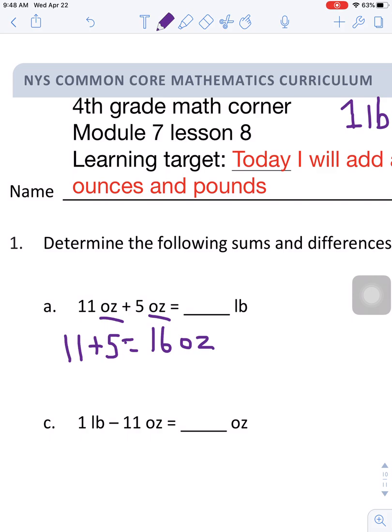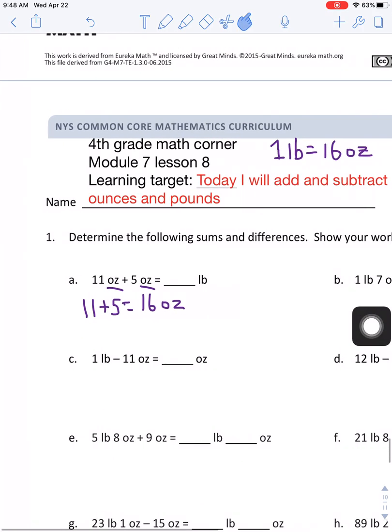Now, the problem is not asking me for what is the answer in ounces, it is asking me for what is the answer in pounds. And if I remember my conversion, I know that 1 pound is equal to 16 ounces. Well, look at that. I've got 16 ounces, so I know that the answer to this problem is 1 pound.